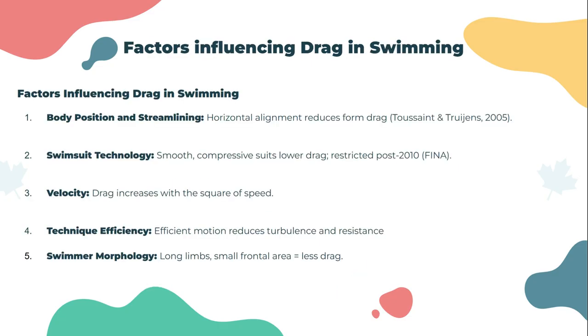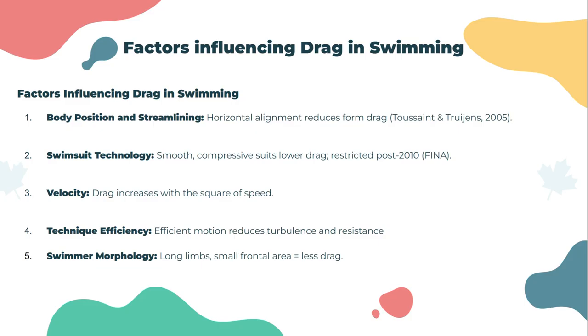So now, what influences drag in swimming? There are several factors. Body positioning: horizontal alignment reduces form drag by minimizing frontal area. Swimsuit technology: advanced swimsuits reduce both form and frictional drag. These were restricted post-2010 due to performance enhancement concerns.